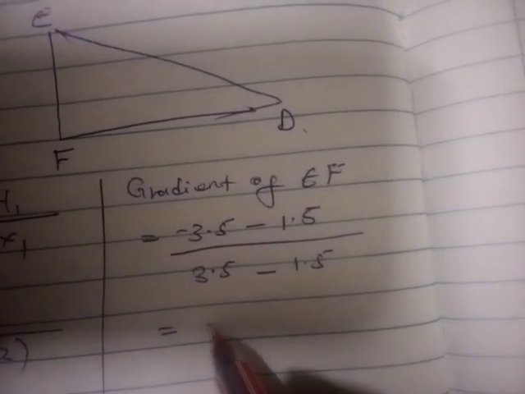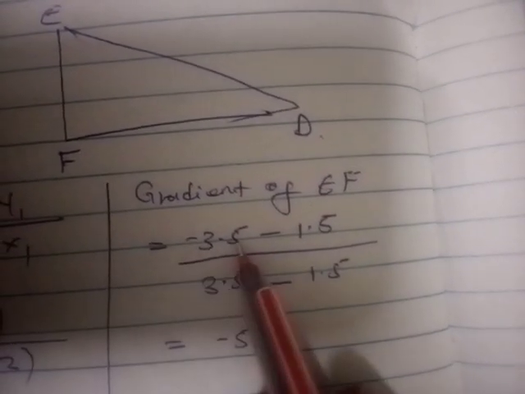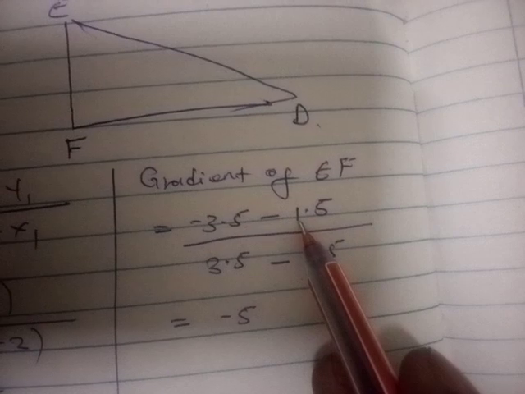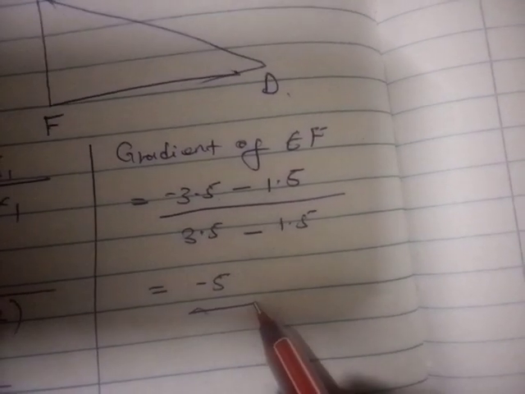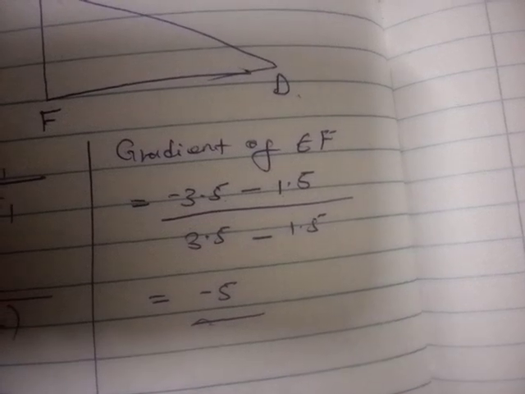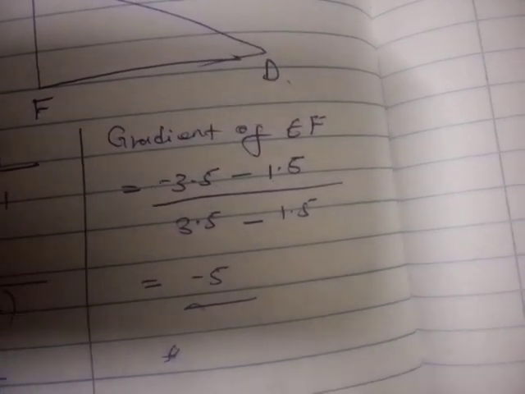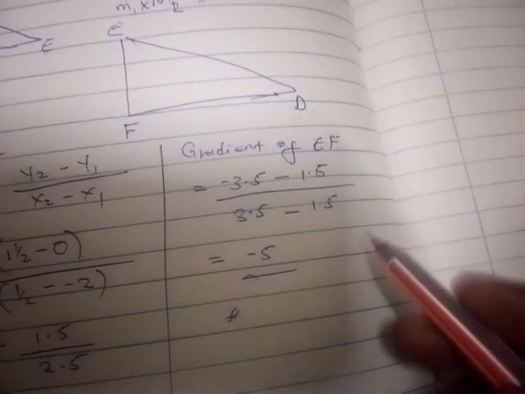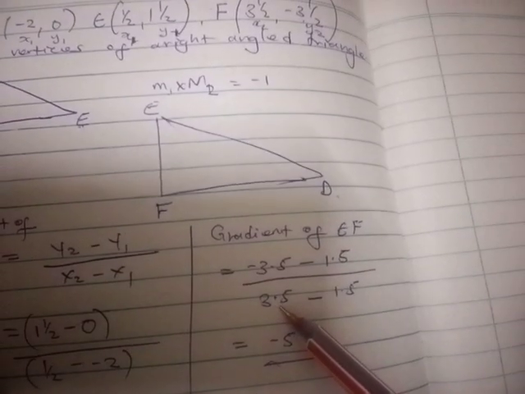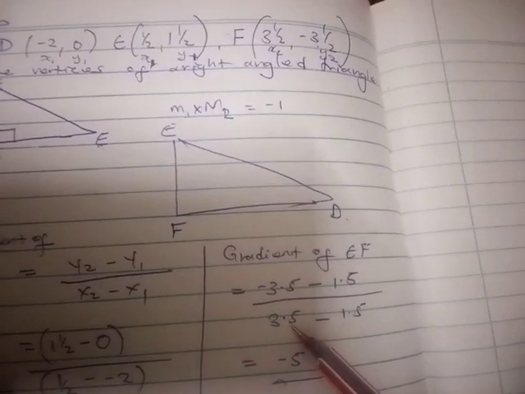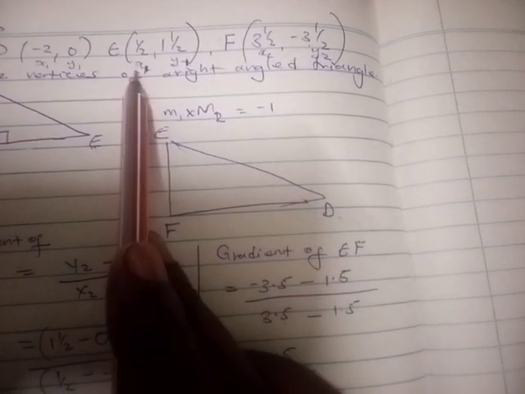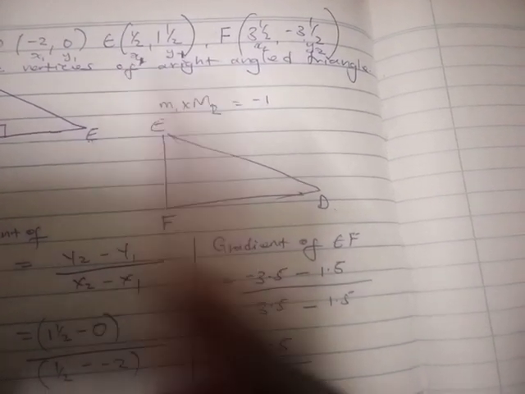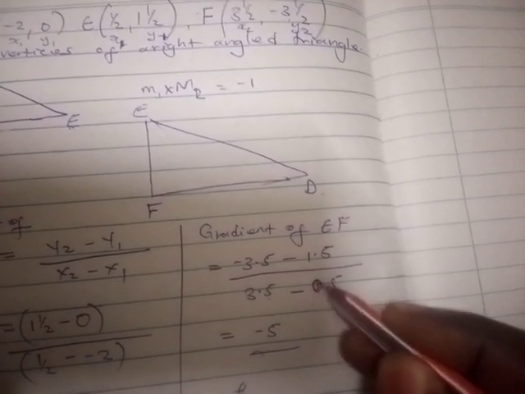Up it gives us minus 5, which is minus 3.5 minus 1.5. Then down, I have made a mistake. This one was x2, which is 3.5, then x1 is a half, 0.5.